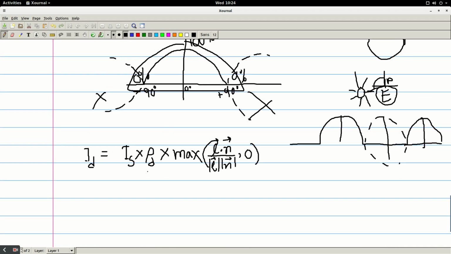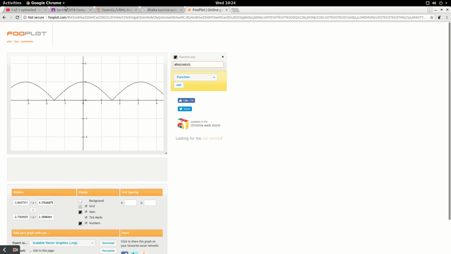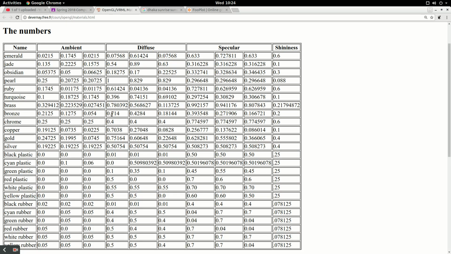We need to know this, right? Where is this rho D? Rho D is this. So if you're doing it for the red color, we'd be picking 0.714. If you're dealing with the blue color, we'd be picking up 0.181.